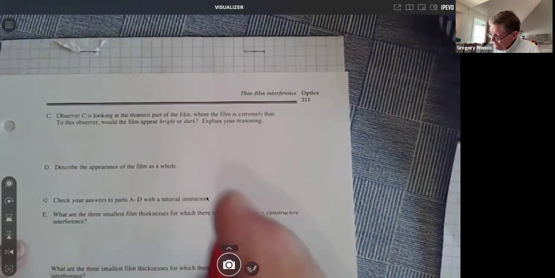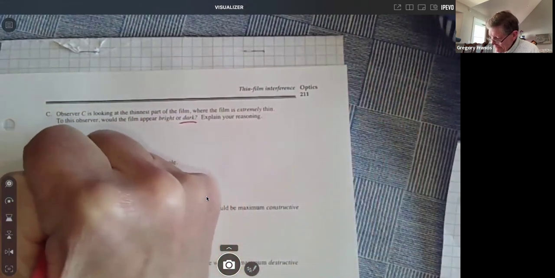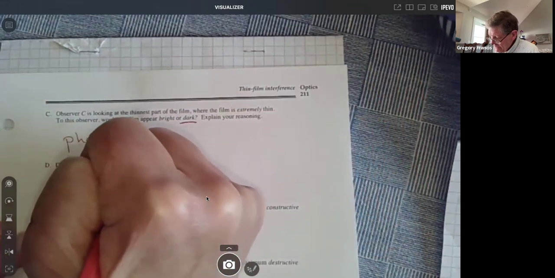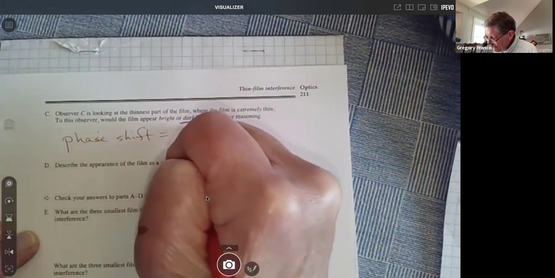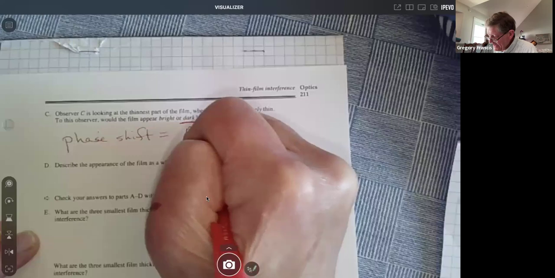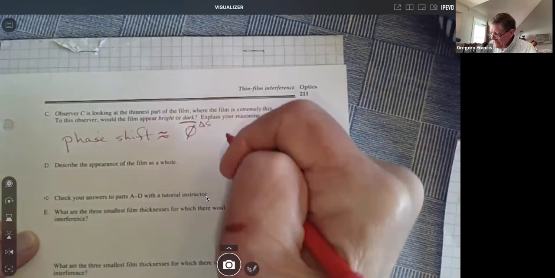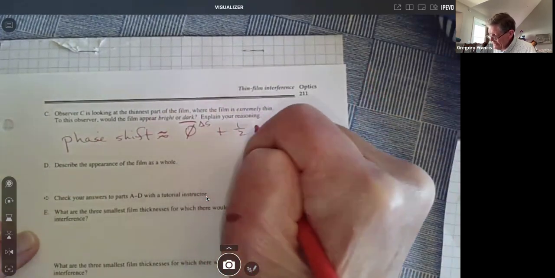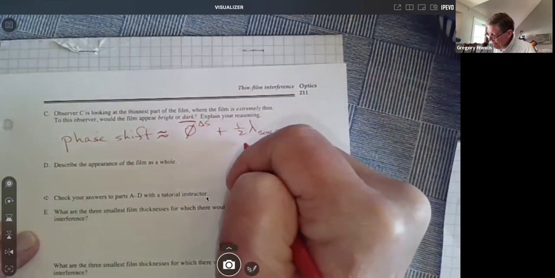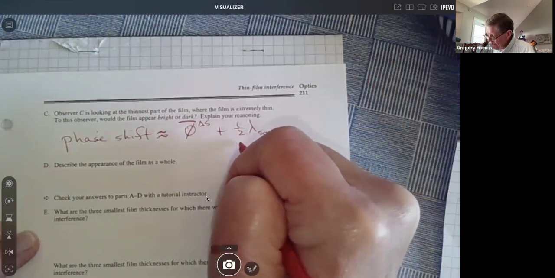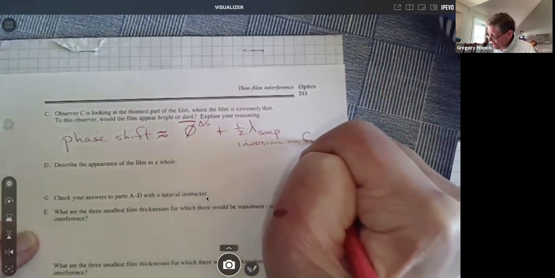So it's going to appear dark, and that's because the phase shift for my delta S is about zero. But then I've got that 1/2 wavelength in the soap, due to the flippage, due to the inversion on the first surface.